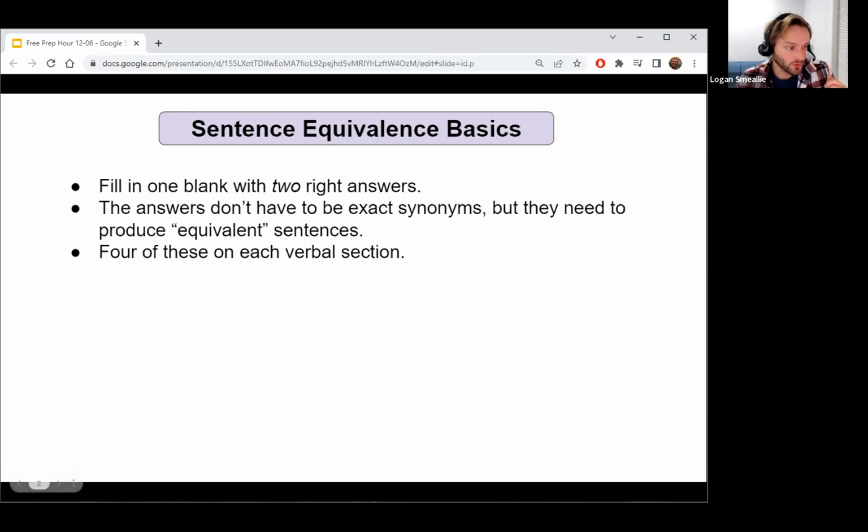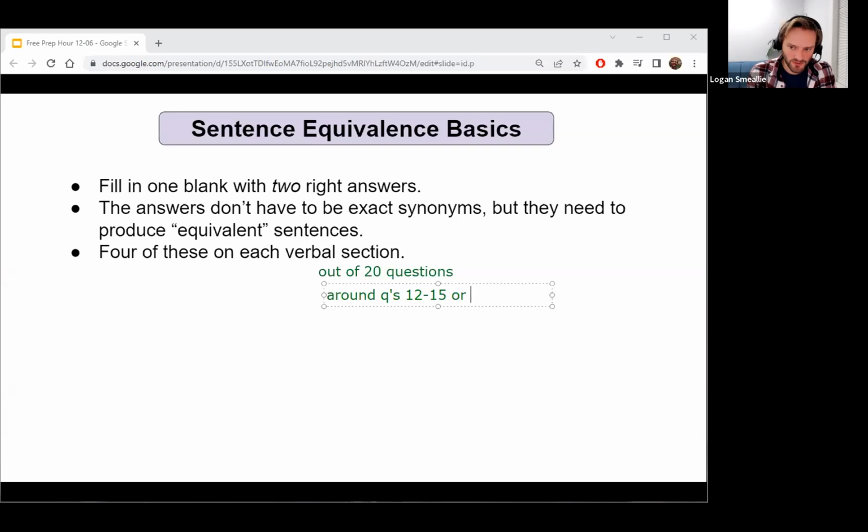Every verbal section on the GRE is 20 questions. And this is not officially stated by the GRE, so they could change this, but you tend to see these around questions 12 to 15 or 13 to 16. So about 2/3 of the way through the test, you'll get a little batch of these sentence equivalence questions.